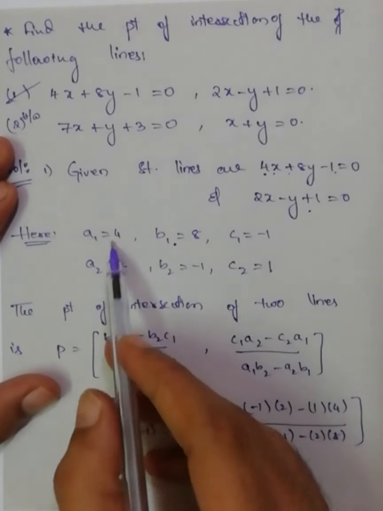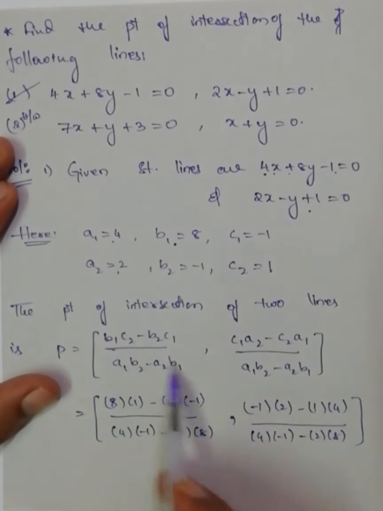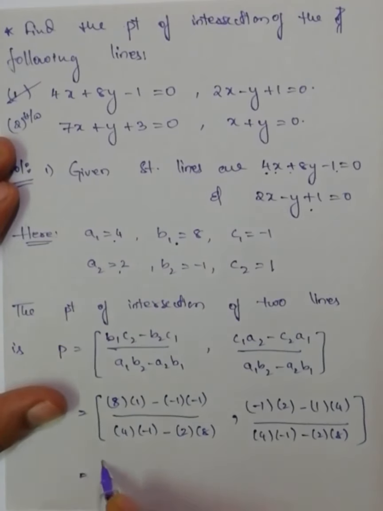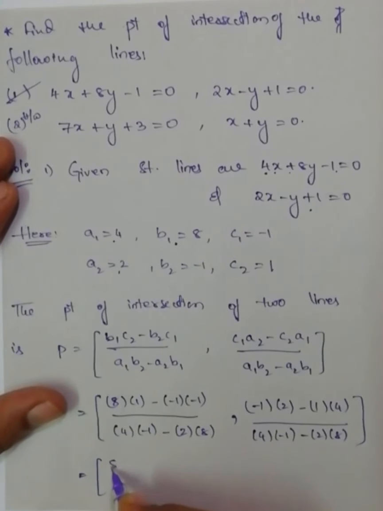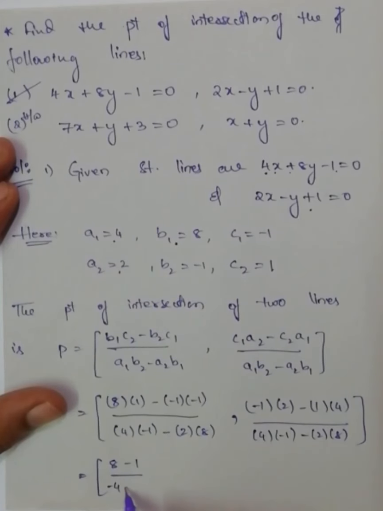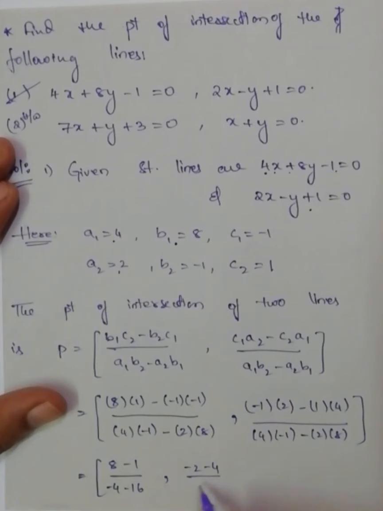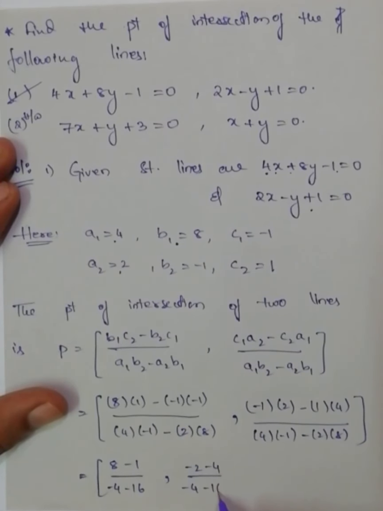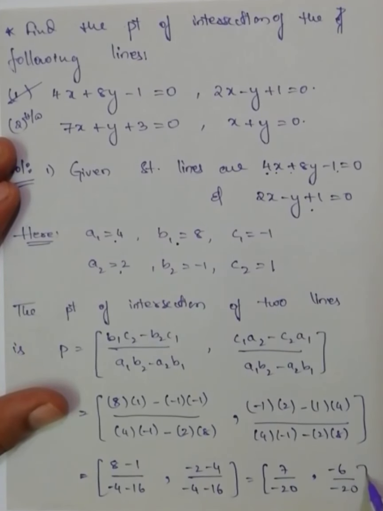I have substituted a1, a2, b1, b2, c1, c2 in the respective places. This implies we will get 8 minus 1 by minus 4 minus 16, comma minus 2 minus 4 by minus 4 minus 16, which is equal to 7 by minus 20, comma minus 6 by minus 20.